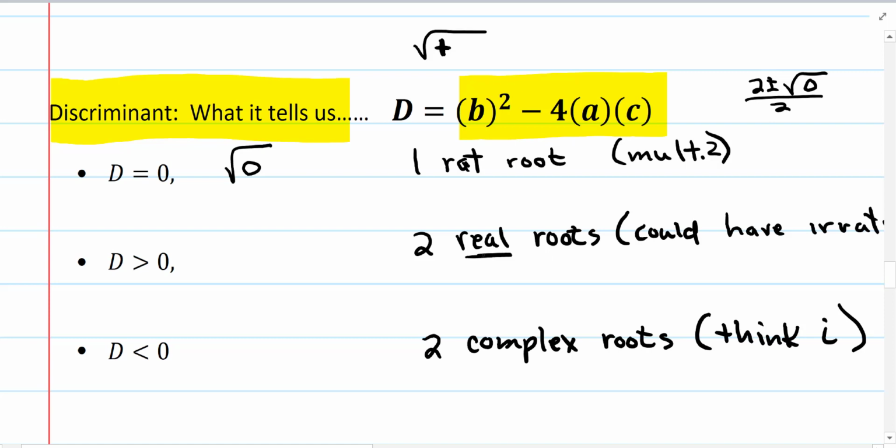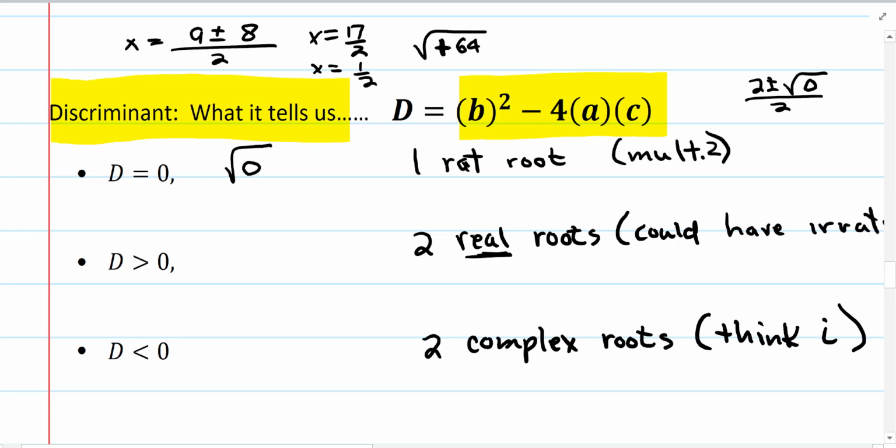And the reason the real is important is that, well, you could have, let's say, 9 plus or minus the square root of 64, which is 8, all over 2. Well, your x then equals 9 plus 8 over 2. But it also means that it equals 9 subtract 8 over 2, which is 1 over 2.